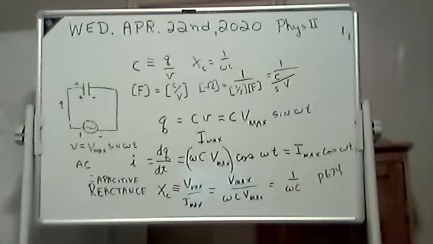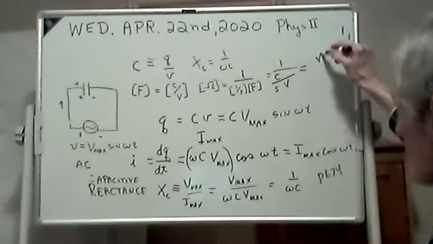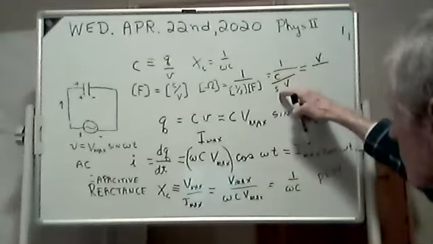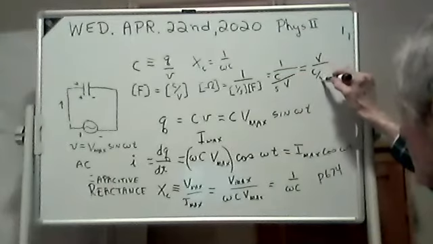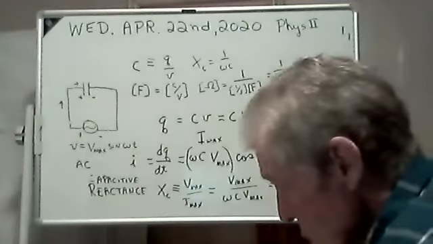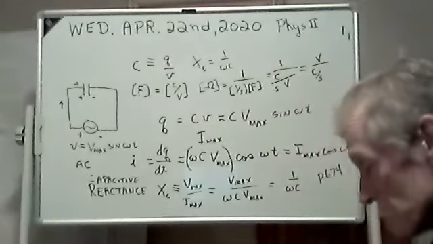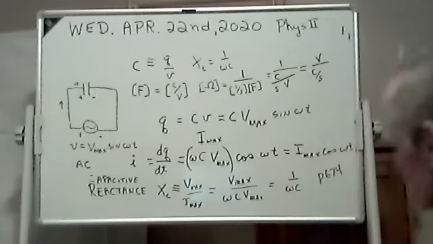Now somehow we have to show you that that's, well, look at it this way. That volt goes in the numerator, and then you have a coulomb per second in the denominator. You know what a coulomb per second is? It's an ampere, isn't it? It's a unit of current.